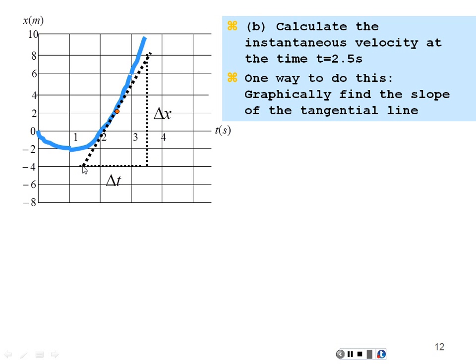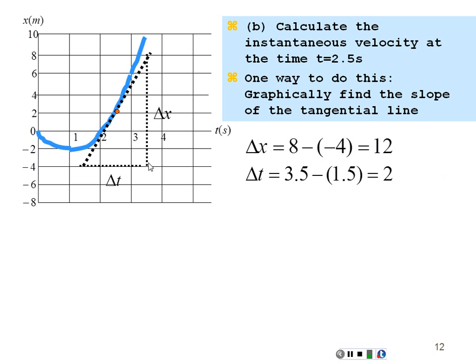And then another point down here, x equal negative 4, t equal 1.5 seconds. So my change in x will be 8 minus a negative 4, or 12. My change in time will be 3.5 seconds minus 1.5 seconds, or 2. Hence my rise over run, which will be my instantaneous velocity in this case, is 12 divided by 2, or 6 meters per second. That's the slope of that line. That is my instantaneous velocity.